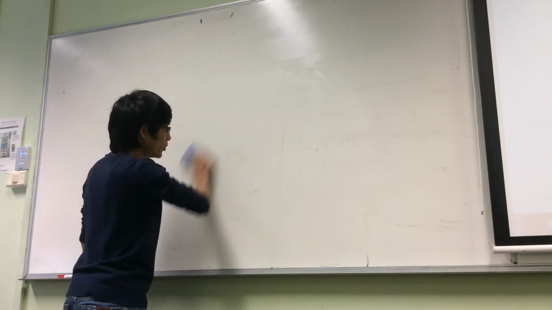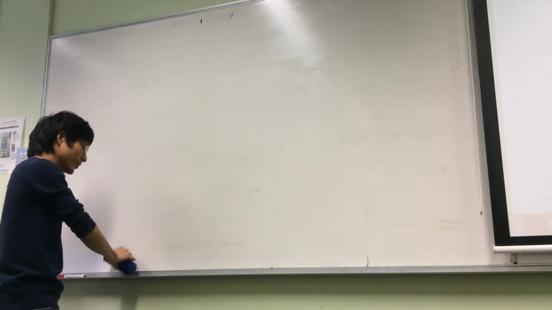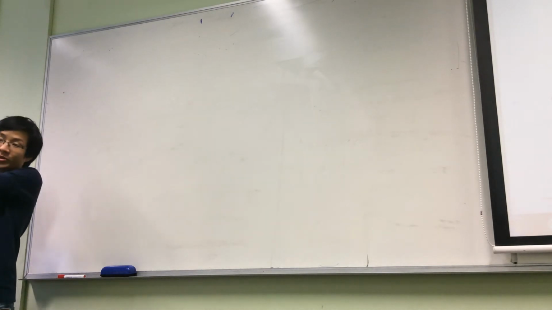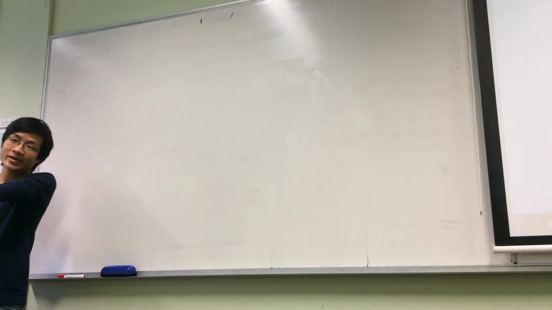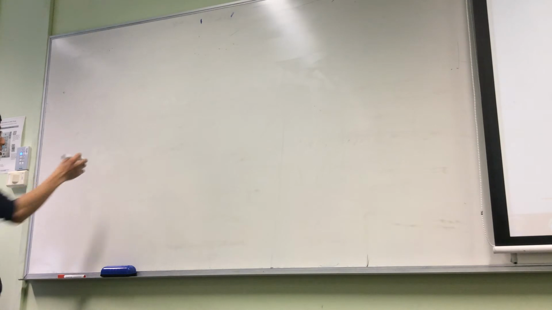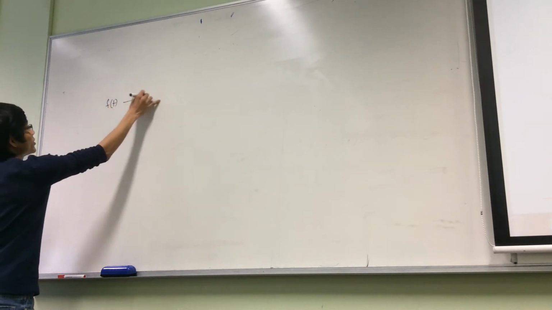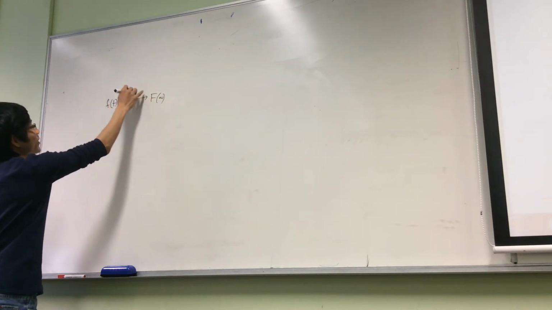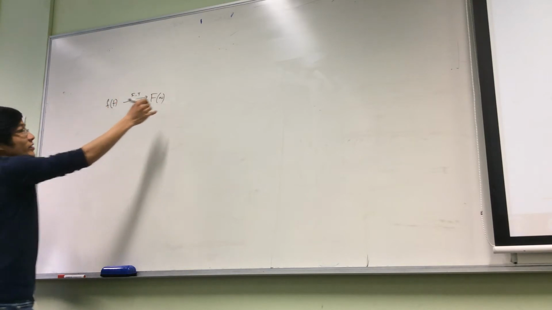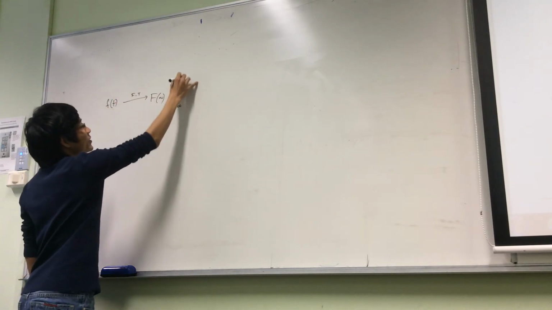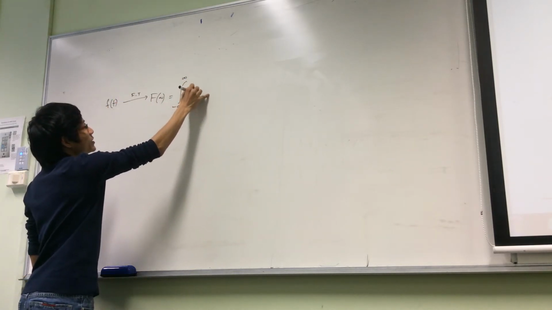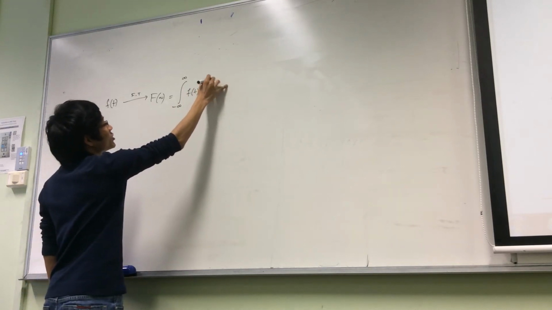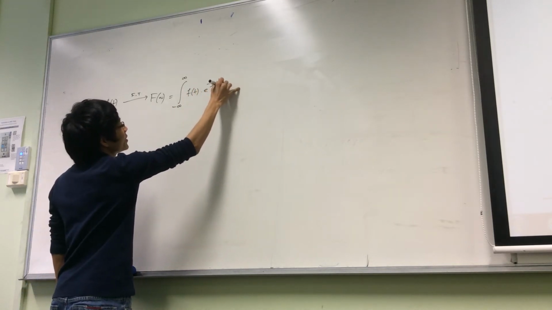Now the next one, more importantly, is the Z transform. The Z transform is equivalent to the Fourier transform. So you have f(t) and you get F(omega) by the Fourier transform. This will be the integration of f(t) e to the minus j omega t dt.